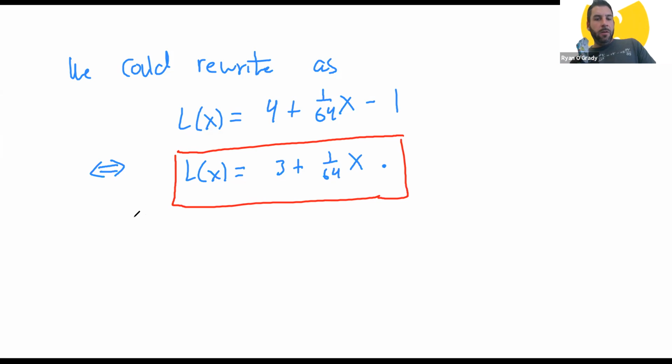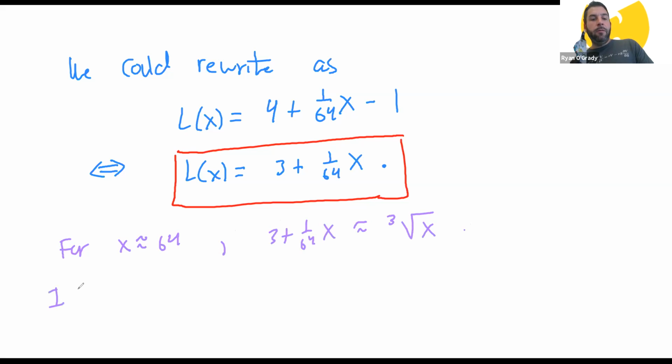So for x close to 64, whatever that means, 3 plus 1 over 64x should be approximately the cubed root of x. So if x is equal to 65, the cubed root of 65 should be approximately 3 plus 65 over 64.